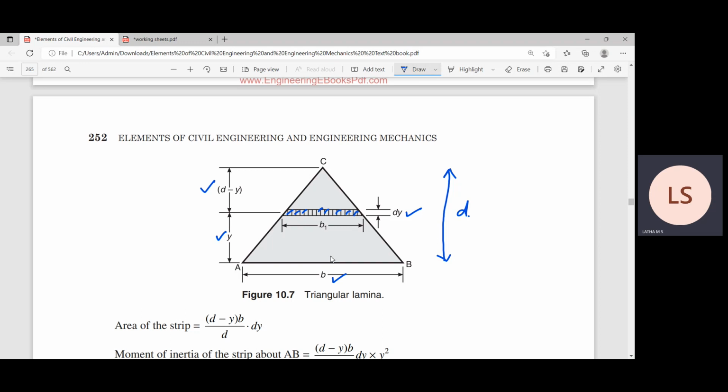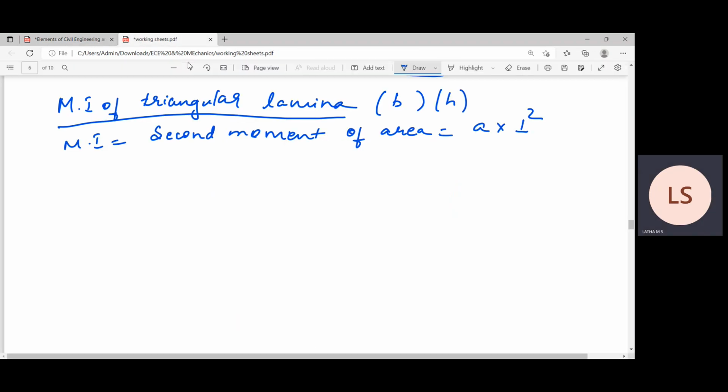Now, it is similar to the rectangle. Here also we'll consider the area of the elementary strip.